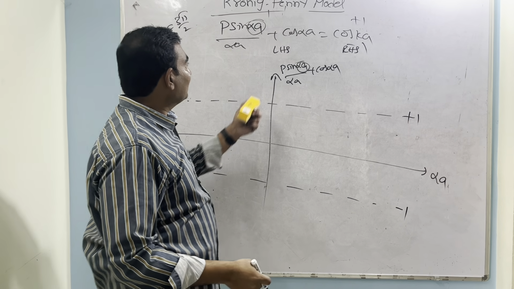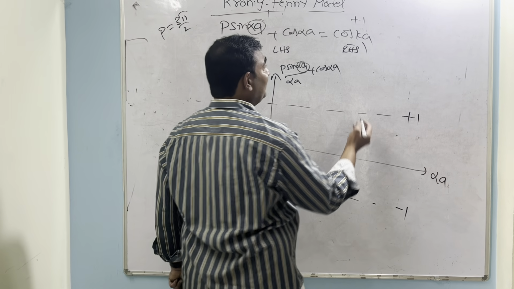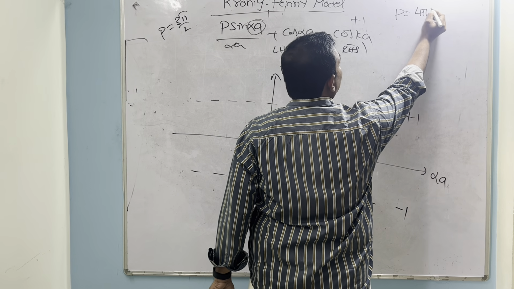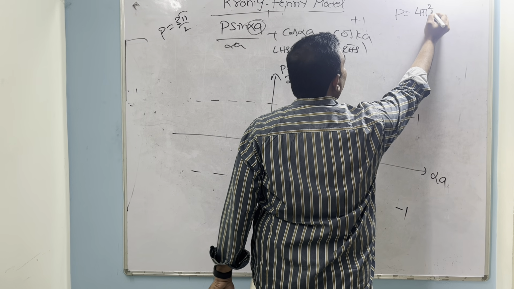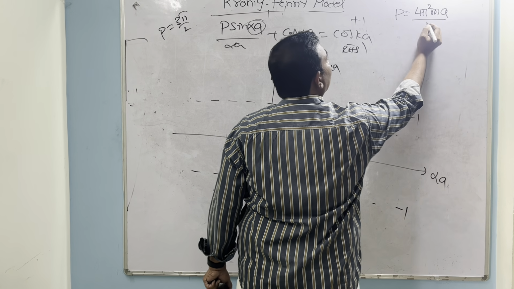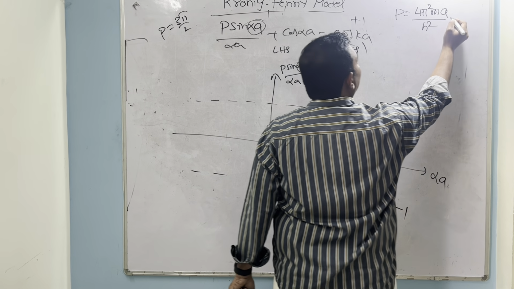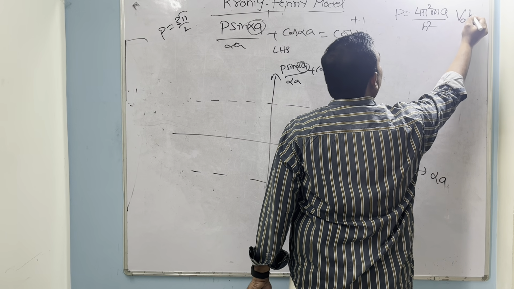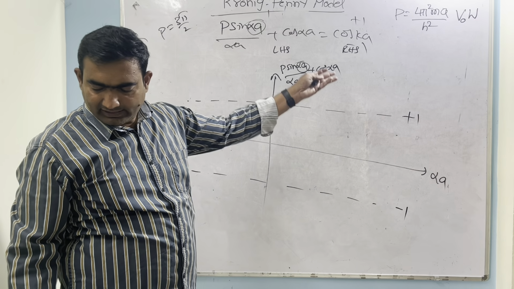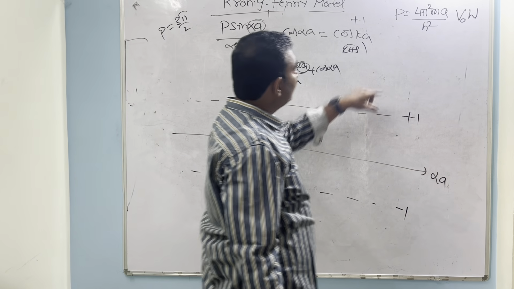You may ask, what is this P? Here P value is 4 pi square m A by h square into V naught into W.